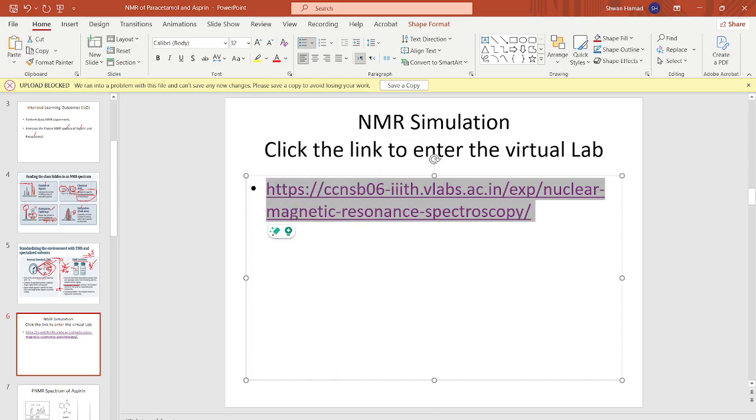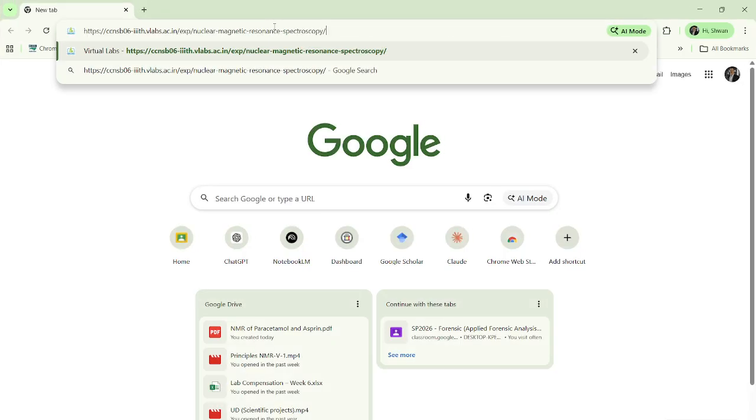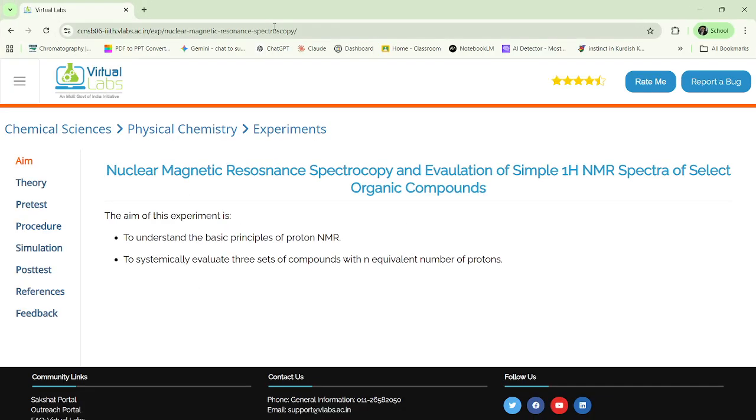I don't know why it didn't let me, but I'm going to copy anyway. Right, so if you click it, you go straight into the virtual lab, ladies and gentlemen. The virtual lab is nuclear magnetic resonance spectroscopy and evaluation of simple proton NMR spectra of selected organic compounds. Okay, prepare your report as well.